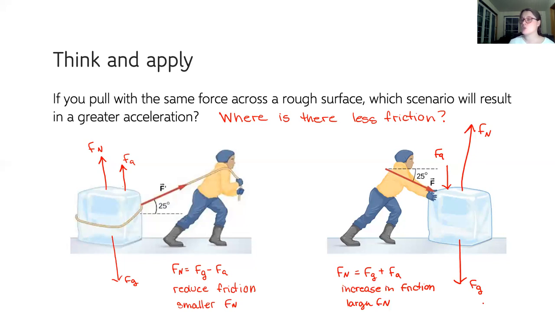Now, sometimes just based on our bodies, one feels easier than the other, but based on pure physics and the forces, not thinking about is it an awkward motion or not, you will always have less friction if you pull upwards a little bit than if you push downwards a little bit.